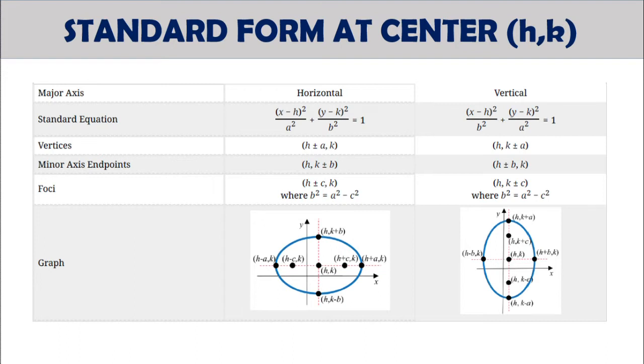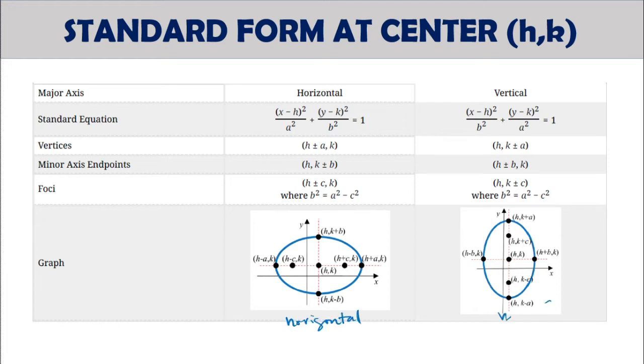So, ano mangyayari? So, for example, in this graph, no, hindi na siya sa origin. It shifted few units from left and up. Okay? Ito rin. So, this is, makikita natin horizontal. Alright? Horizontal to siya.